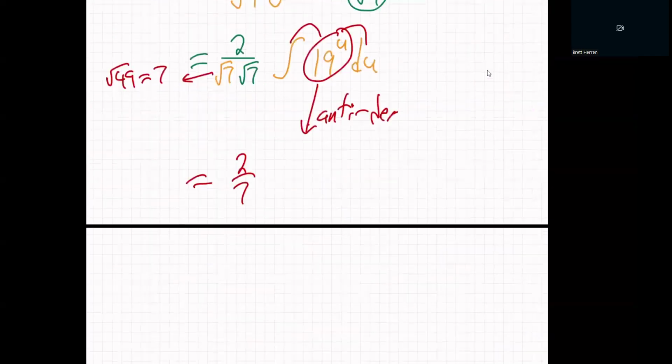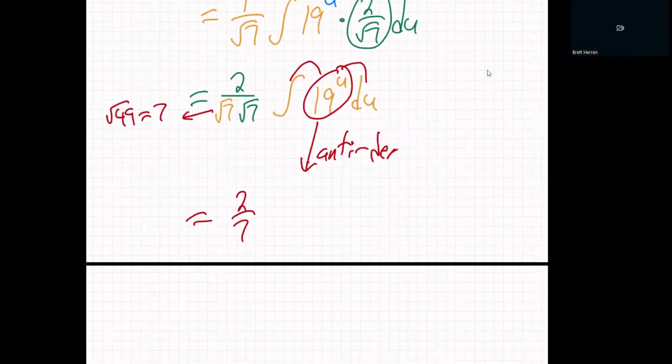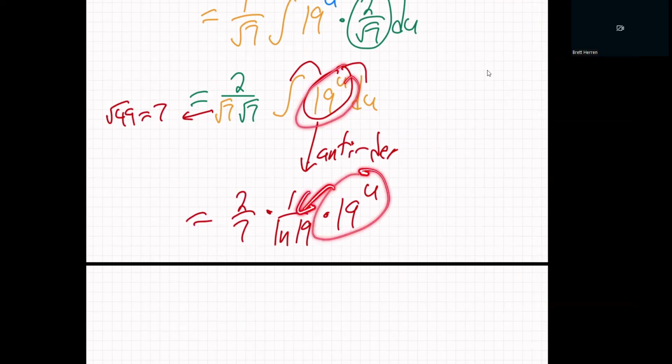And that's what we have here. This is exponential, meaning the letter, the u, the x, whatever, is up in the power zone. So for the antiderivative of that, we divide by the ln of that base, times 19 to the u. In general, it does nothing, but then you divide by the ln of the base.